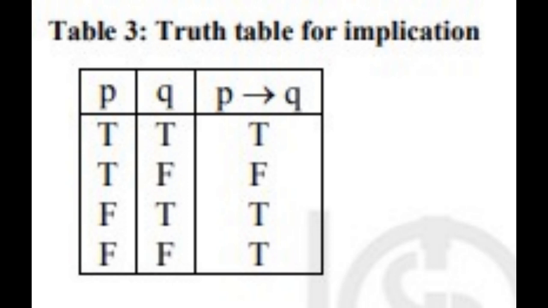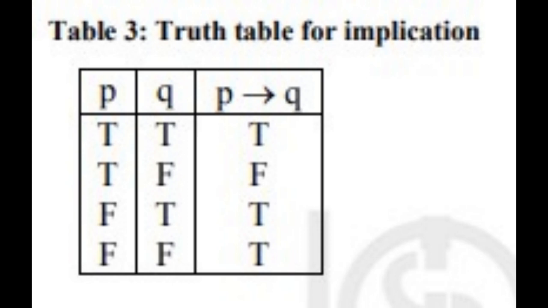Definition. Given any two propositions P and Q, we denote the statement, if P then Q, by P → Q. We also read this as, P implies Q, or P is sufficient for Q, or P only if Q. We also call P the hypothesis and Q the conclusion.